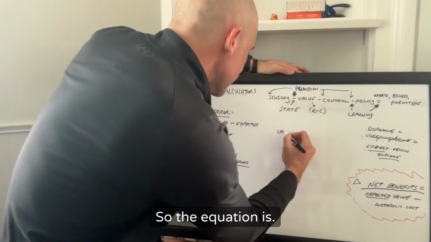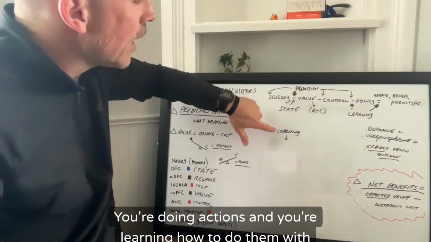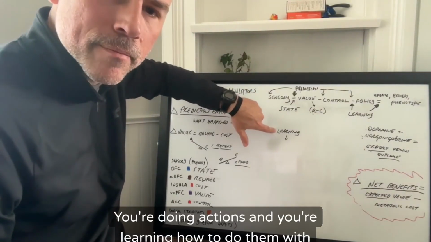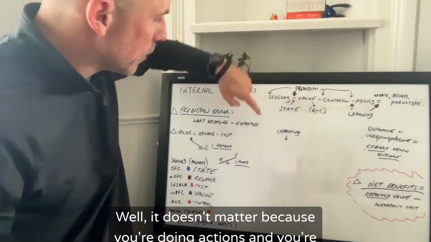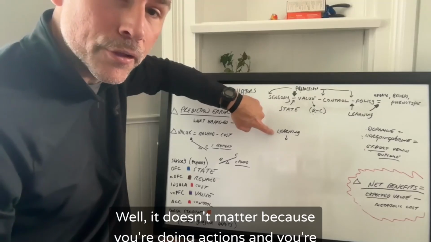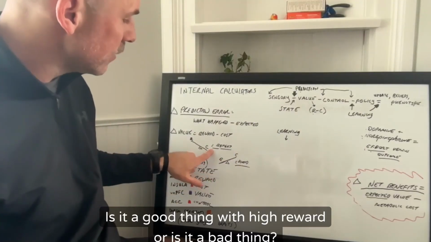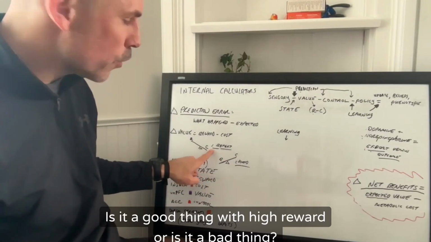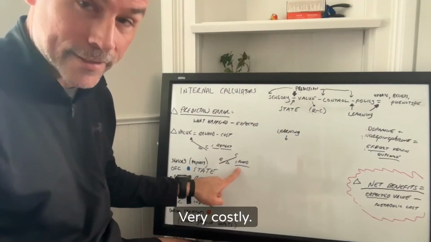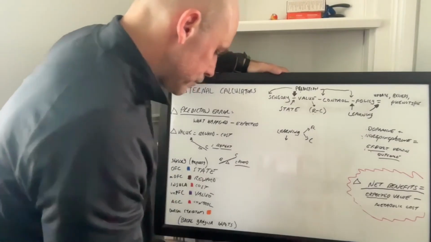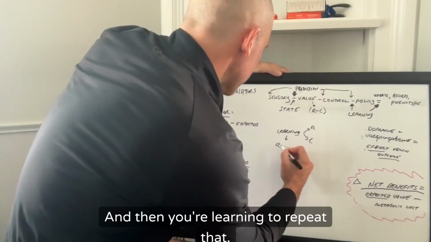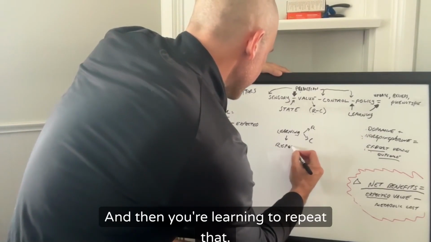So the equation is you're doing actions and you're learning how to do them with certainty, hopefully. Well, it doesn't matter because you're doing actions and you're learning. Is it a good thing with high reward, or is it a bad thing, very costly? And then you're learning to repeat that.